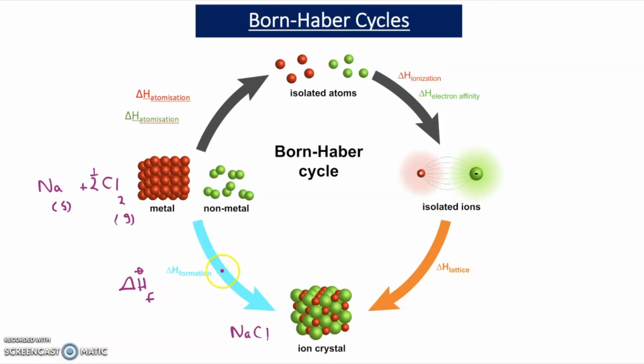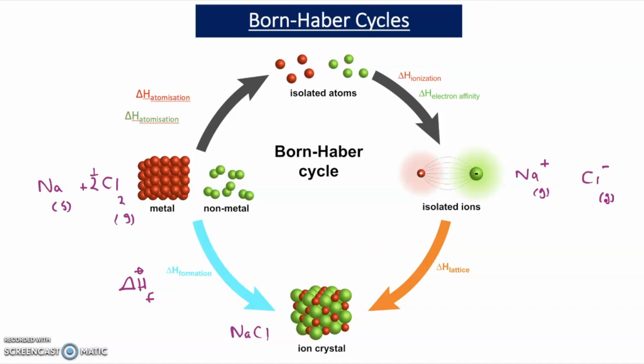Now sodium chloride is an ionic compound, so it's made up of billions and billions of positive and negative ions held together in a giant structure called a crystal lattice. The standard enthalpy change of lattice formation is the enthalpy change that occurs when 1 mole of an ionic compound is formed from ions of the elements in the gas phase.